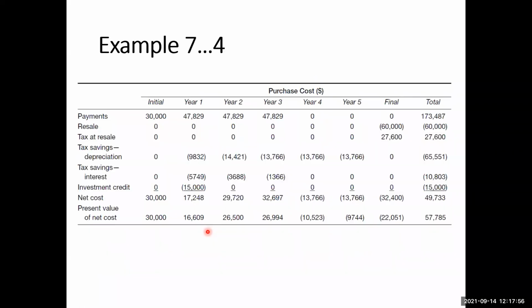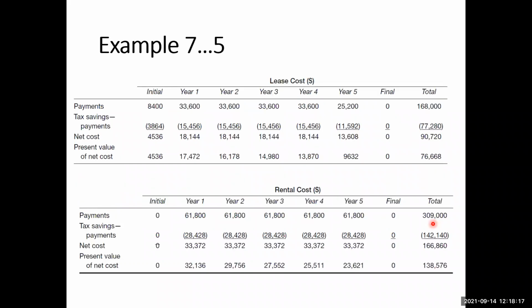So for each option, we find the present worth or present value of the net cost. Here we can find that the net present value for the buying case is $57,785. The present value for the lease option is $76,668.